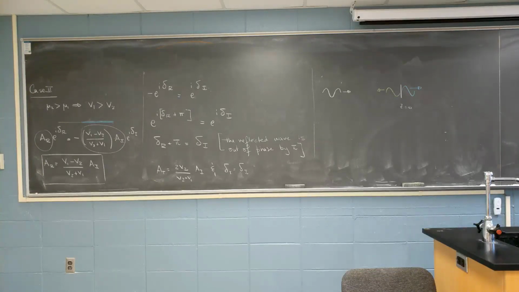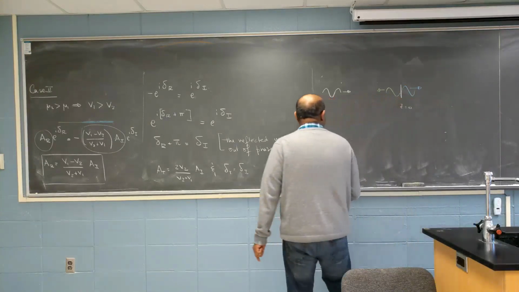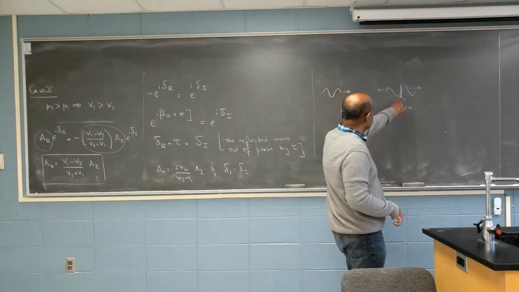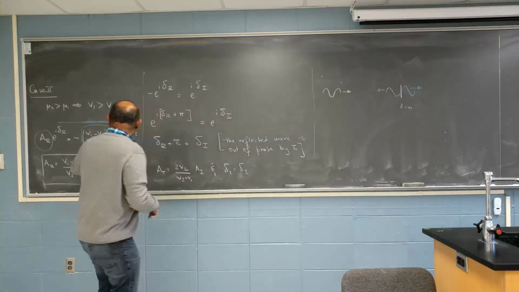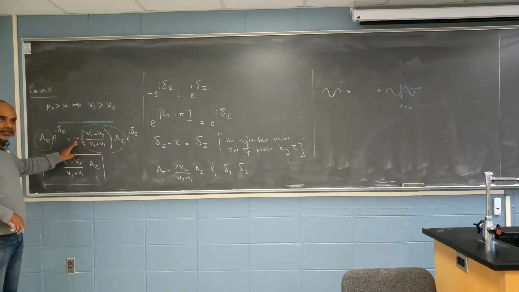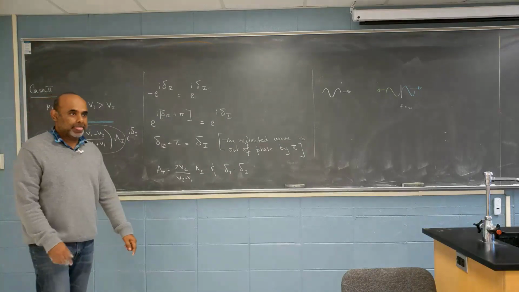Questions? So it's just like the reflected wave is out of phase, and the transmitted wave is in phase. Correct. So when light reflects, it'll flip. Or when a wave in a string reflects, it'll flip. Right? So this one goes in phase, the other one is off by pi, because this expression has a minus sign.